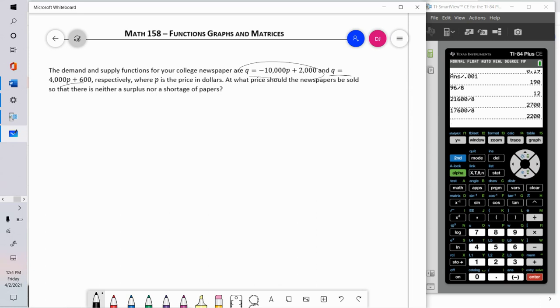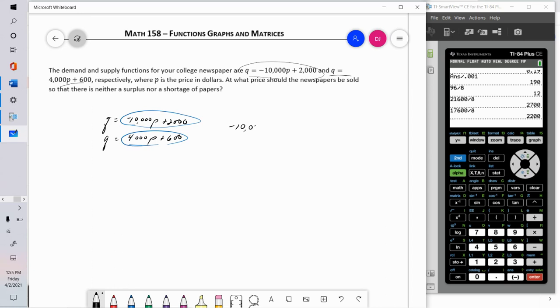In order to have no extra papers left over, in order to not run out of papers, you need your demand function and your supply function to be equal to each other. In other words, this demand function and this supply function should be equal.